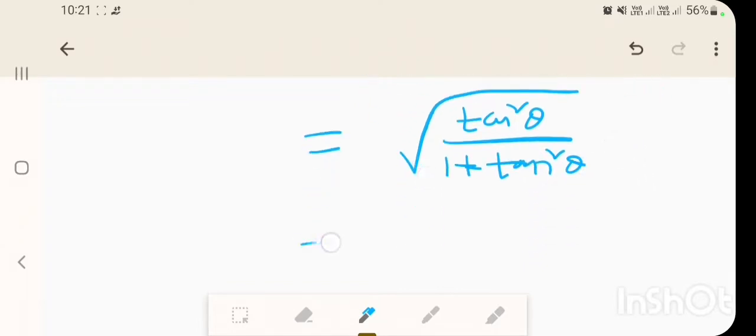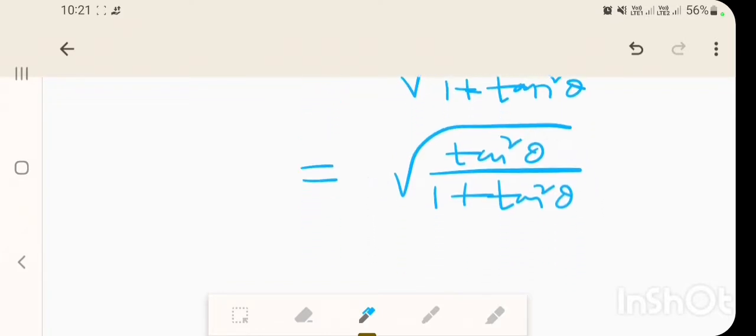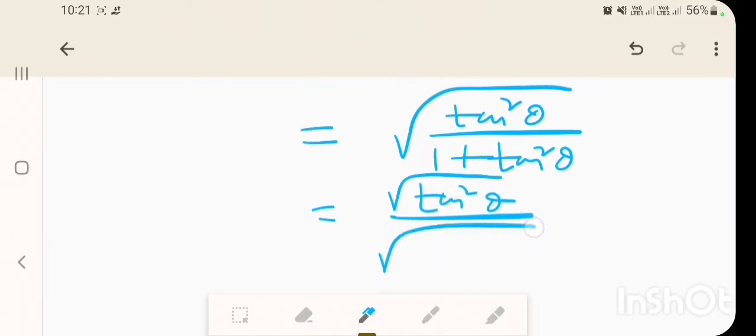Because they've asked to write in terms of tan theta, we keep it as 1 plus tan square theta only. Finally we can stop here, or further write root tan square theta divided by root 1 plus tan square theta.